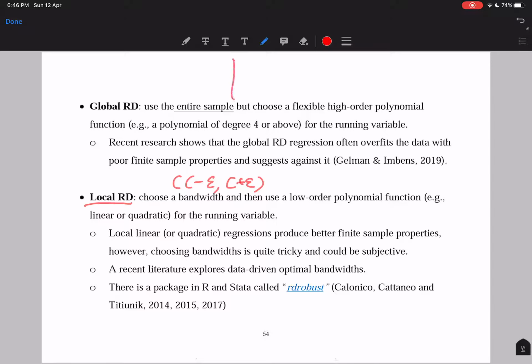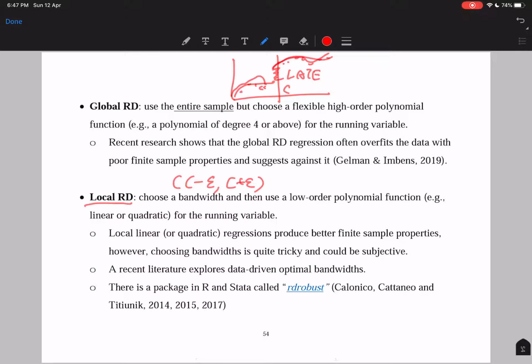Let's say the data looks like this, and you use all the data, but you use a flexible polynomial to fit the data above the cutoff and below the cutoff, and then you get the local average treatment effect here.